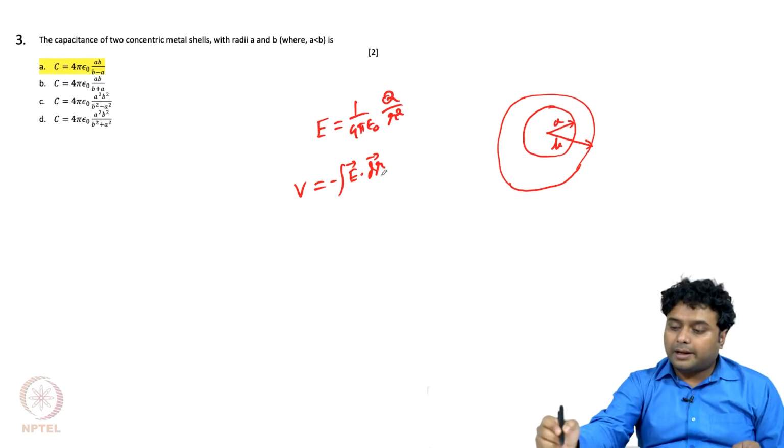Now I know that in between, at any place, the electric field is given by this formula.